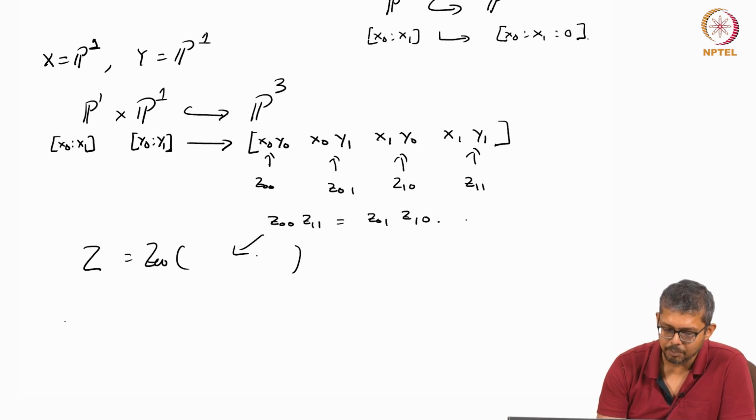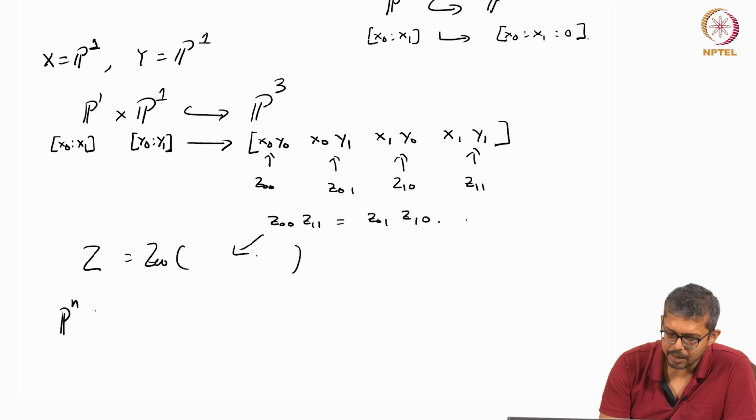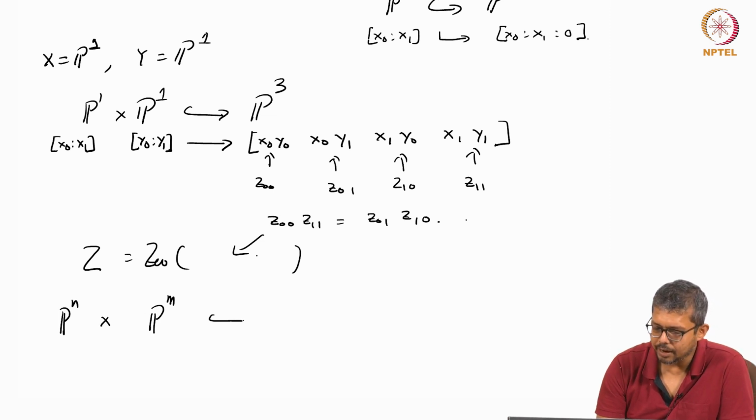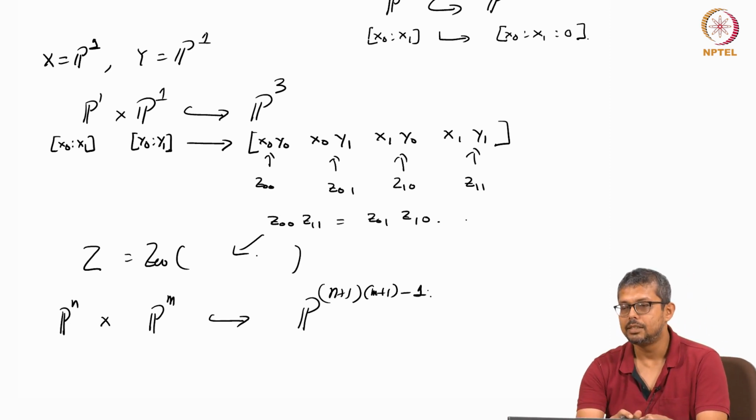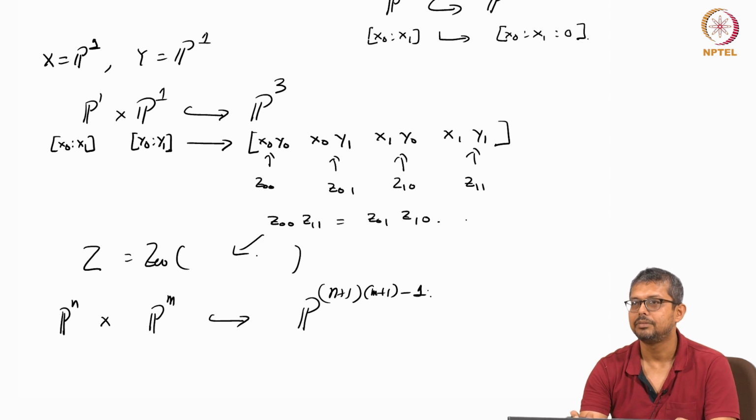If, for example, I take Pn and Pm, I can embed it into P of (n plus 1)(m plus 1) minus 1 naturally. This is a natural map, right?